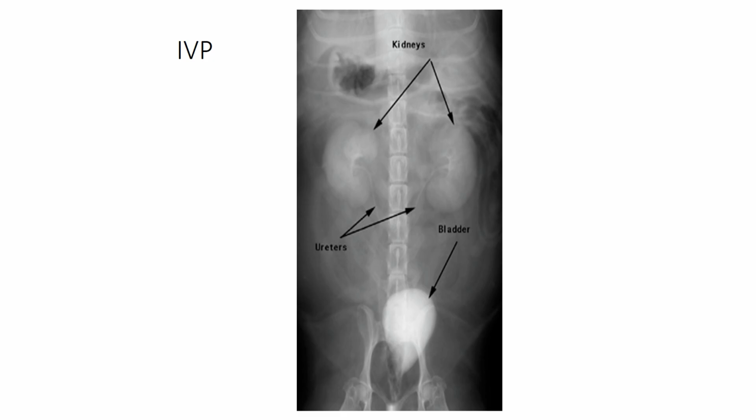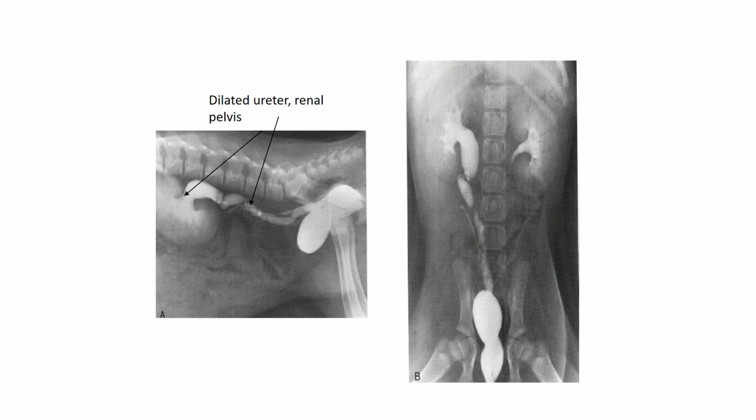Now this is a normal IVP in a dog, ventrodorsal view. Here you can clearly appreciate both kidneys, right as well as left, the ureters and the urinary bladder. So this is a case of dilated ureter and renal pelvis.